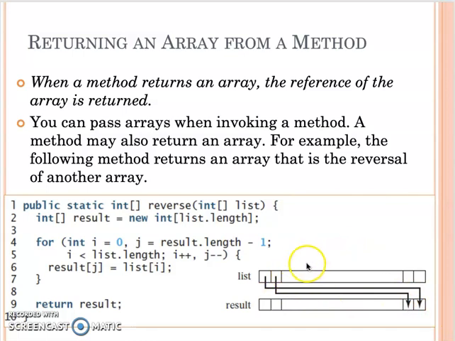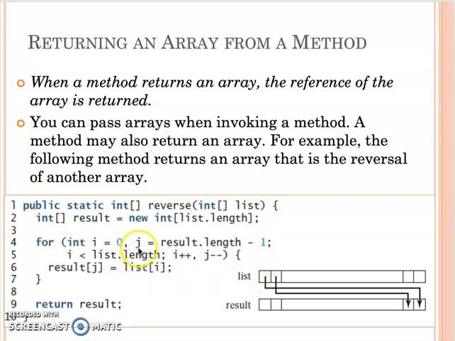Remember we said the first element value actually is the last element in the result, so we need a for loop for that. The for loop condition is i less than list.length. But here you have two different counters. I starts from 0, that's the index for the list.